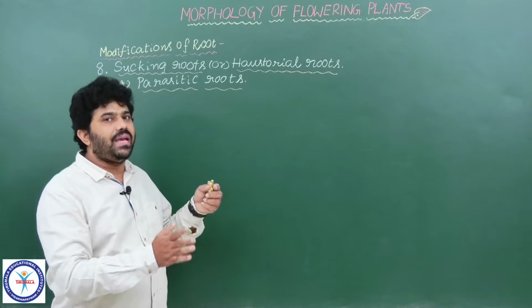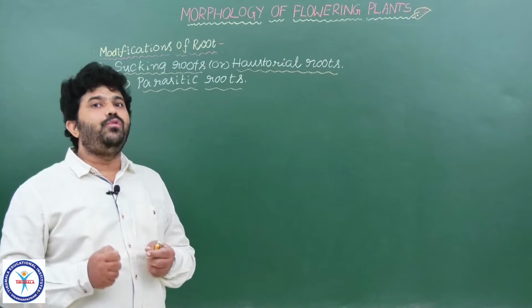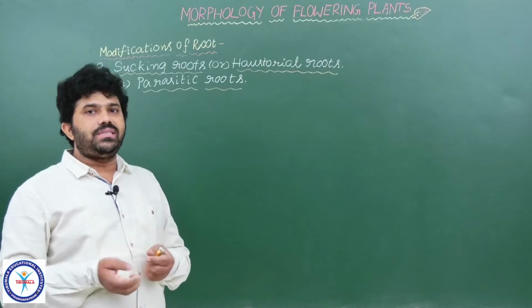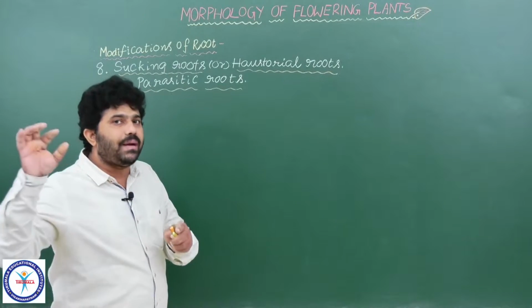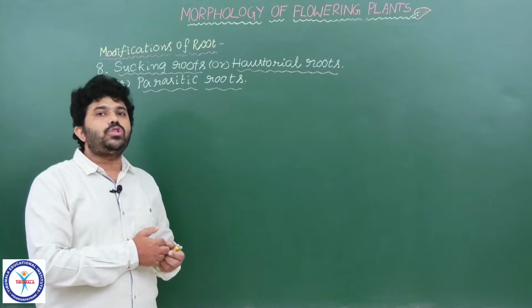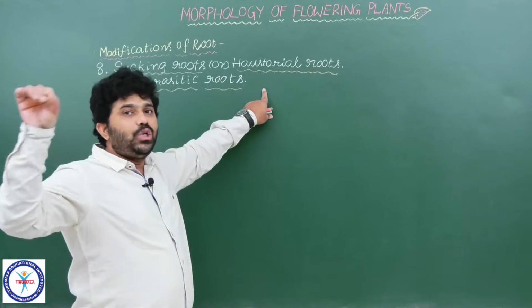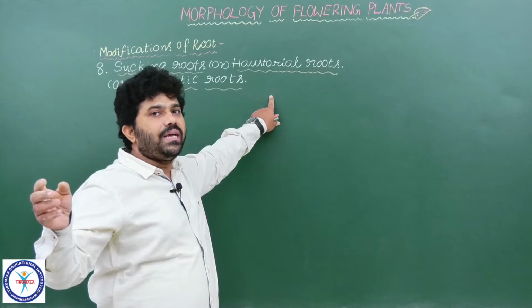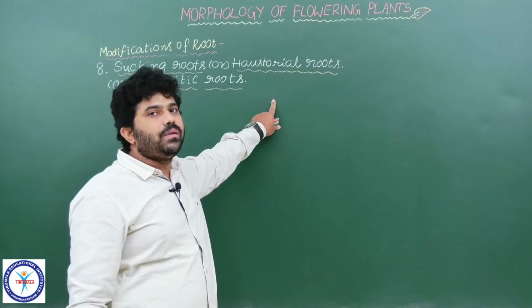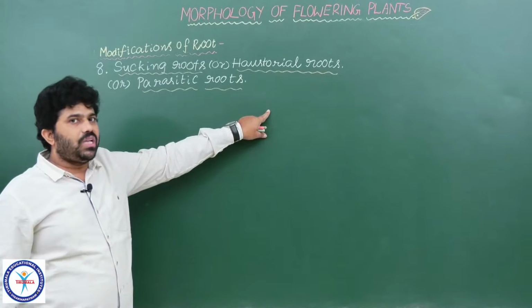From xylem they steal water and minerals. From phloem they get food and nutrients. So they collect both nutrients completely from the host plants by penetrating haustorial roots into the vascular region of the host plant, and can easily steal both water and food.